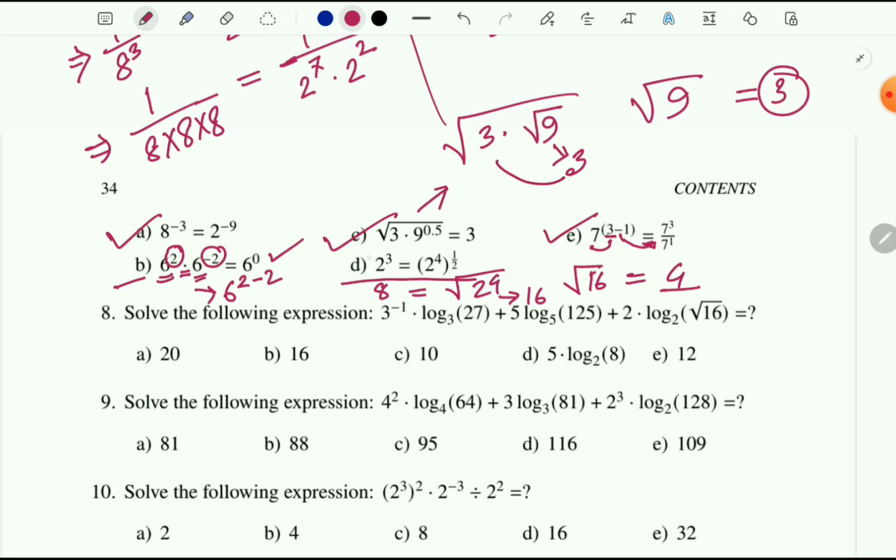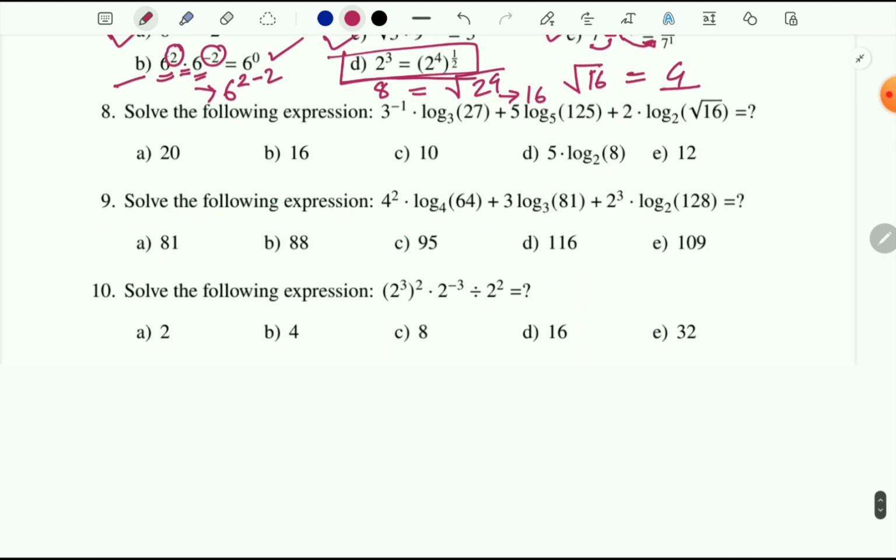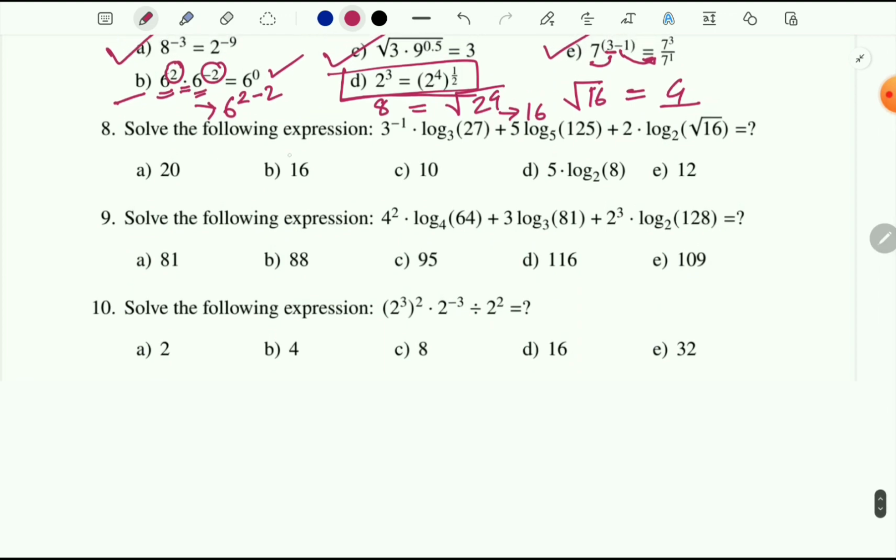Problem number 8. Solve the following expression: 3 inverse log 3 base 27, 5 log 5 base 125, 2 log 2 base 2 log 2 base square root 16. So we can simply do it this way. We can write 1 by 3 here, and log 3 base 27, that means log 3 base 3 cube, since 3 cube gives us 27.